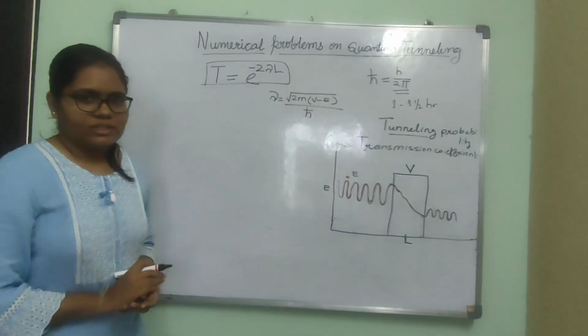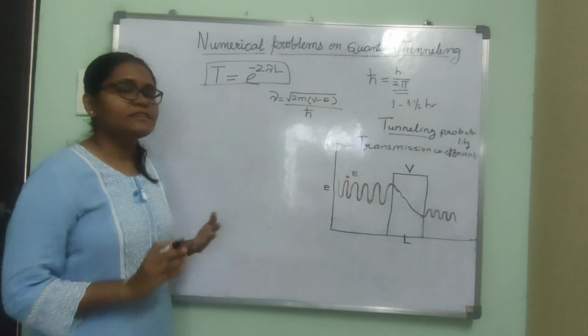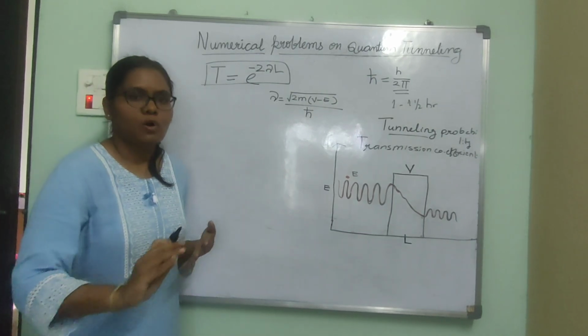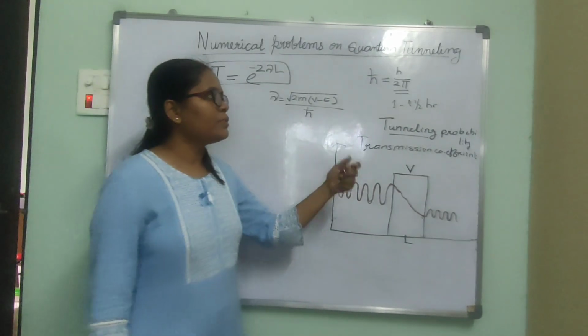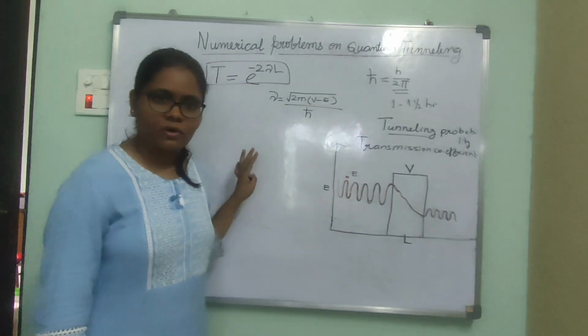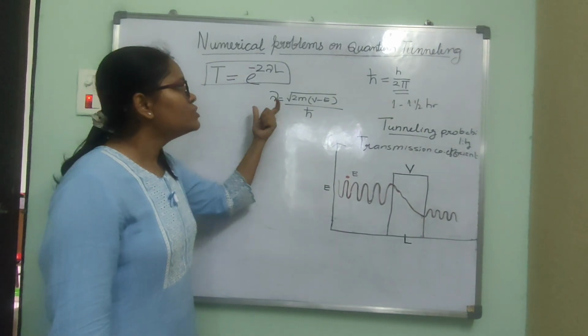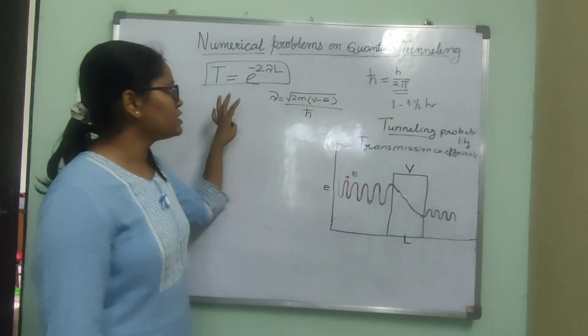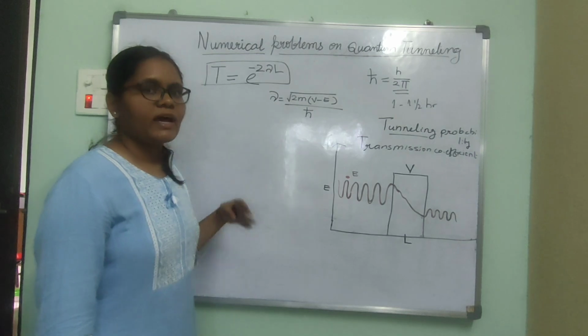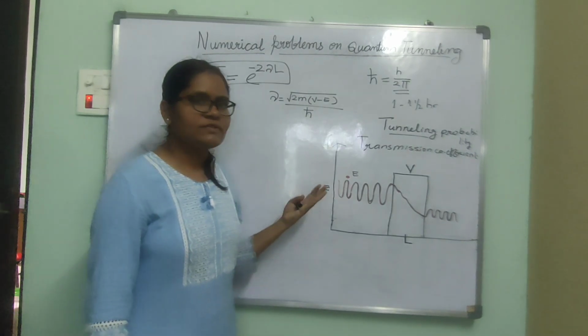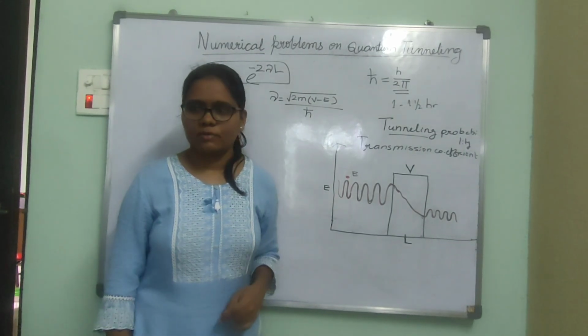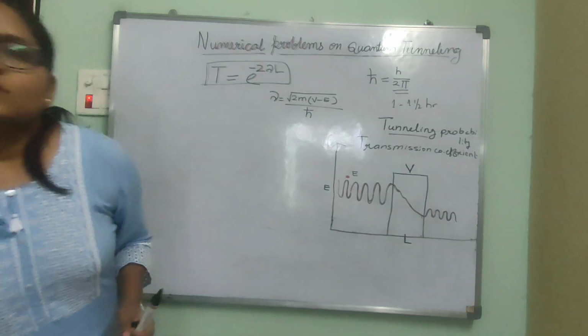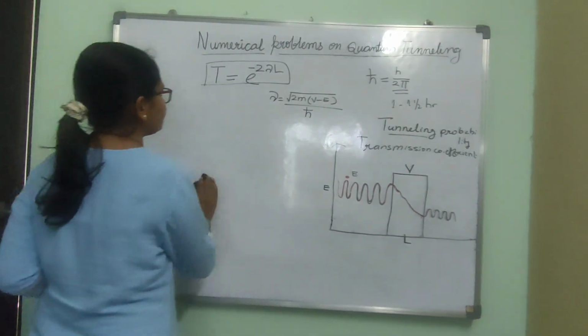The derivation is simple, but it is long. So we will not do it in this class. We will just solve the numerical problems using this formula, and in some other class we will see how to derive tunneling probability. So now let us solve the questions.